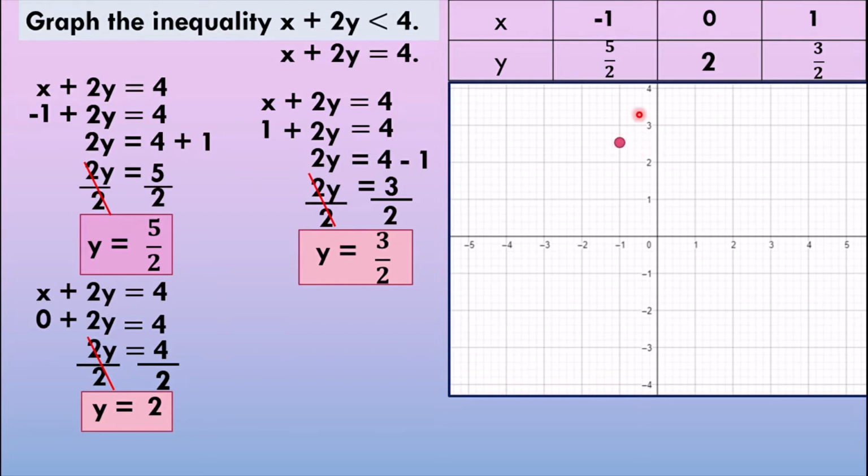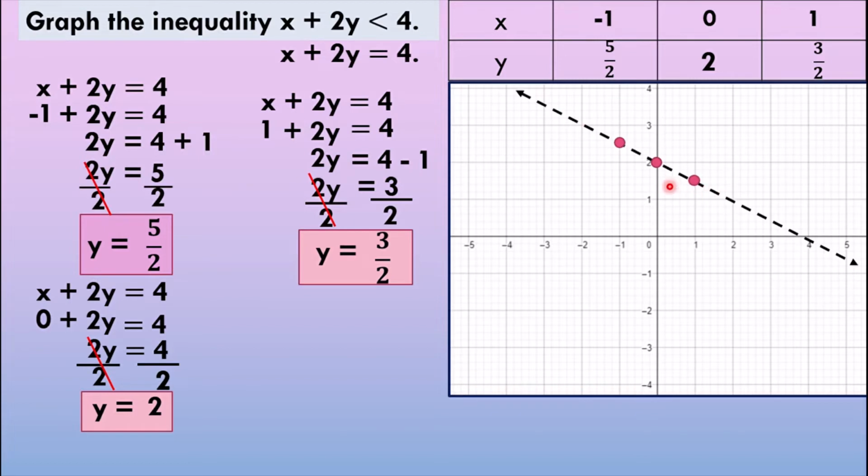Next, when x is 0, y is positive 2. So, this is our x, 0, then y is positive 2. Next, x is positive 1, then our y is 3 halves. So, 3 halves is 1 and 1 half. So, 1 and 1 half is located between 1 and 2. So, here we can see our 1 and 1 half.